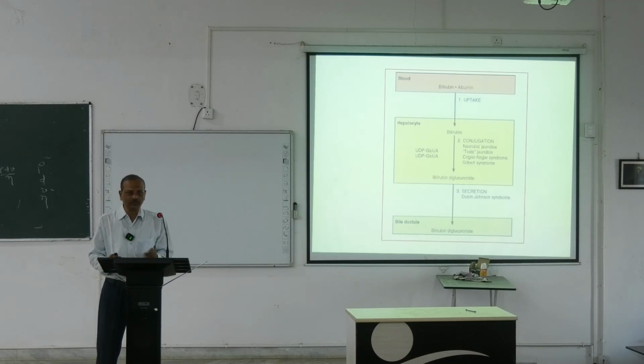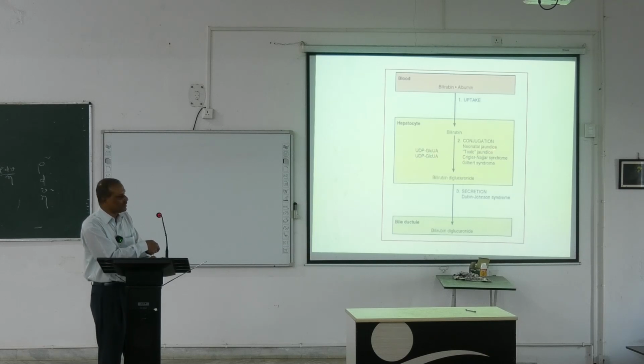When there is a huge amount of hemolysis, a huge load of unconjugated bilirubin will reach the liver surface, and the liver will not be able to take up that much. When that happens, or if there is a defect in the uptake transport protein, then you will get unconjugated hyperbilirubinemia. Once it is taken up, there will be conjugation.